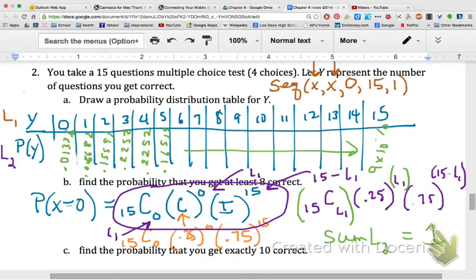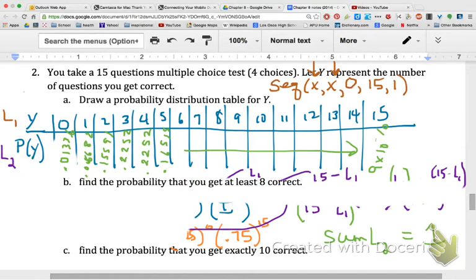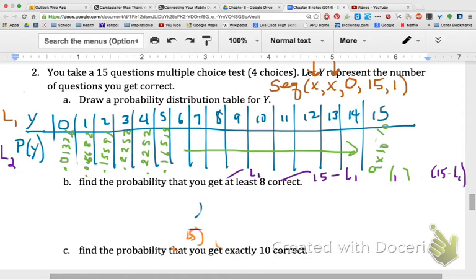All right, so now moving on to letter B, I want to find the probability that I get at least 8 correct. So of course I could add them up myself, but that would take a little bit of time. At least 8, remember, means I could have 8 or 9 or 10 or 11 or all the way to 15.